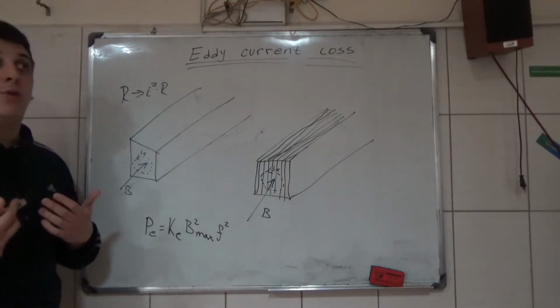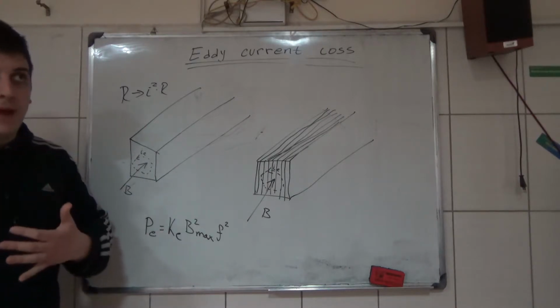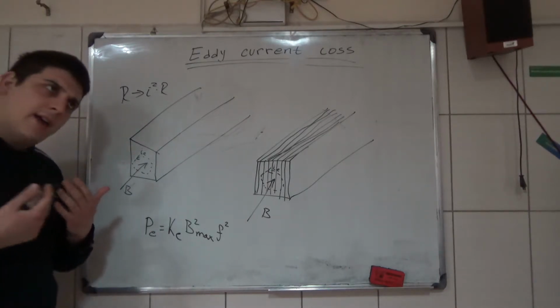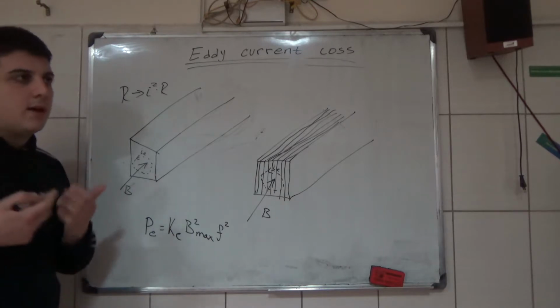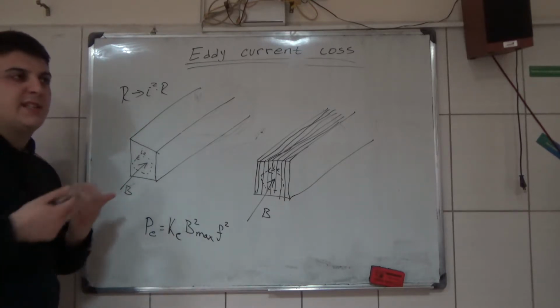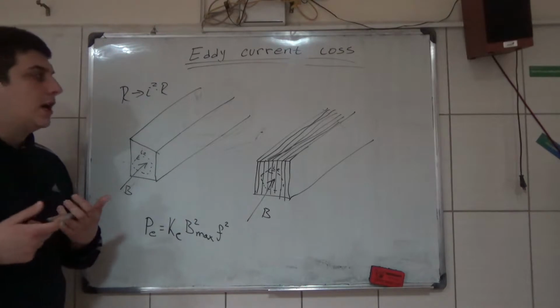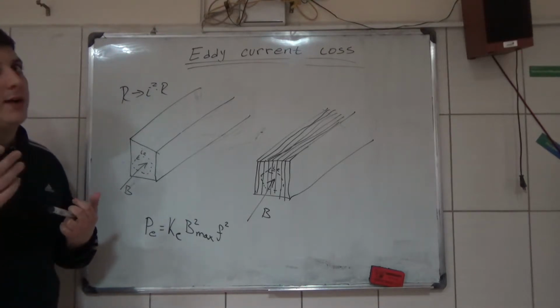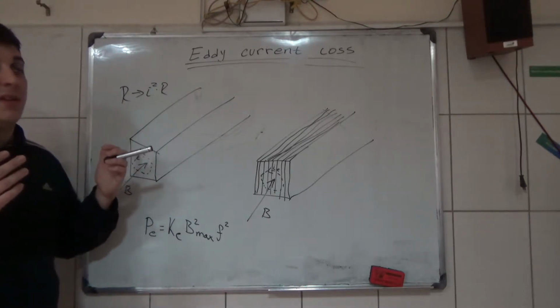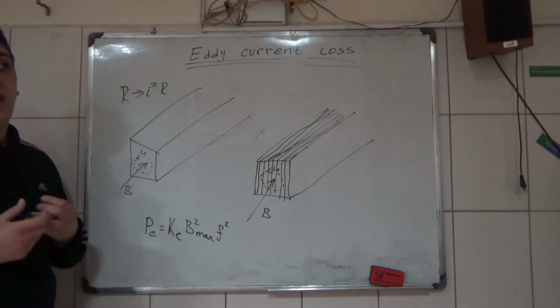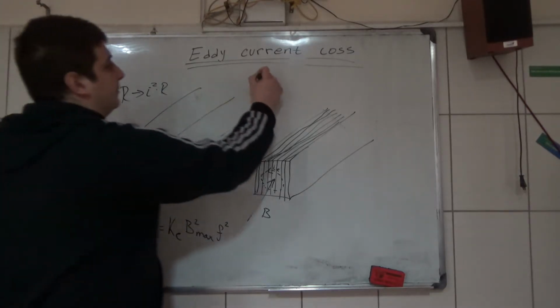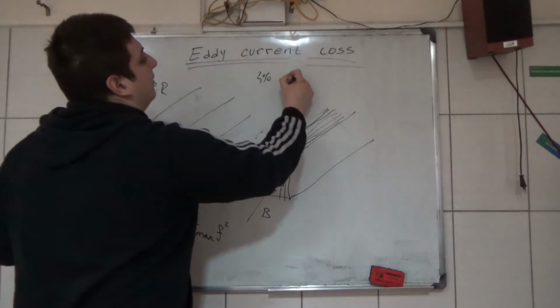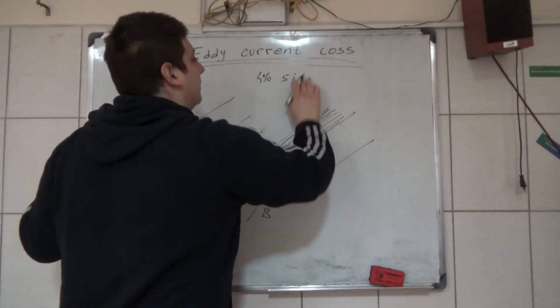And how do you make it higher? Well, to make higher resistive magnetic cores, you have to make a ferromagnetic material which has 4% of silicon.